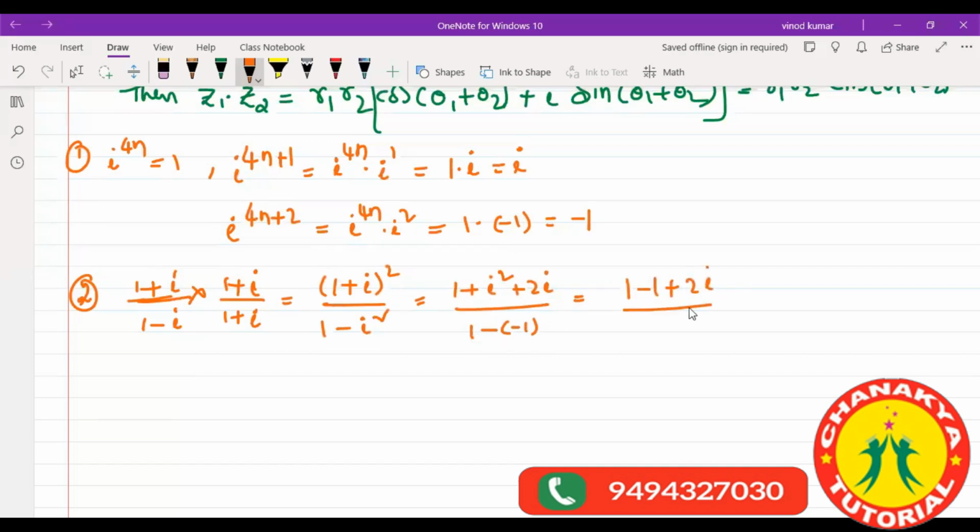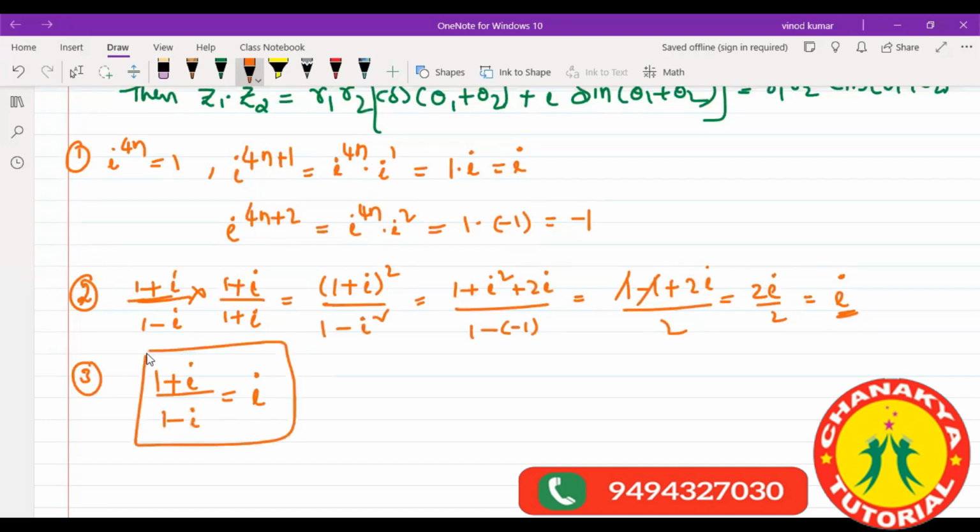By 1 plus 1 is 2. Minus 1 plus 1 cancel, 2i by 2. So 2 cancels, and we get i. So finally the value of 1 plus i by 1 minus i is i. This is one formula: 1 plus i by 1 minus i equals i.